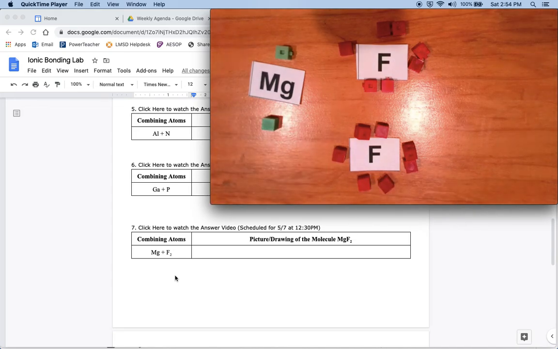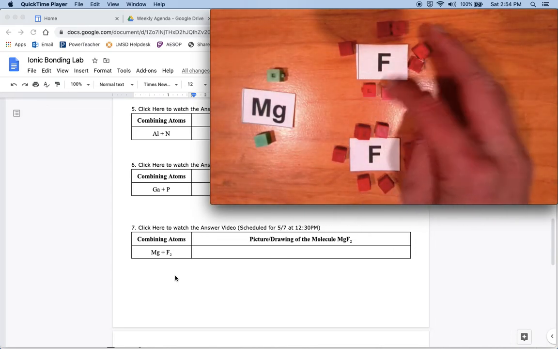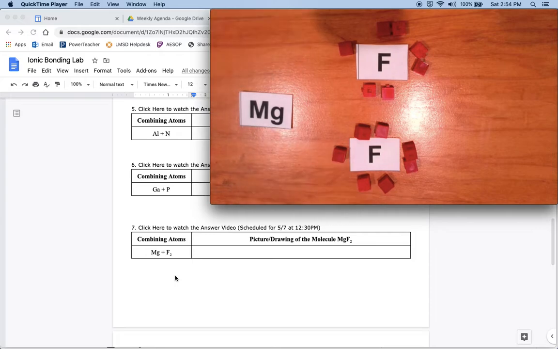All right. So magnesium right here, in order to get to 0 or 8, it's going to have to give away 2 electrons to get to 0, or it's going to grab 6 more. Magnesium is going to be a giver then, because it's much easier to get rid of 2 than it is to get 6 more, right?